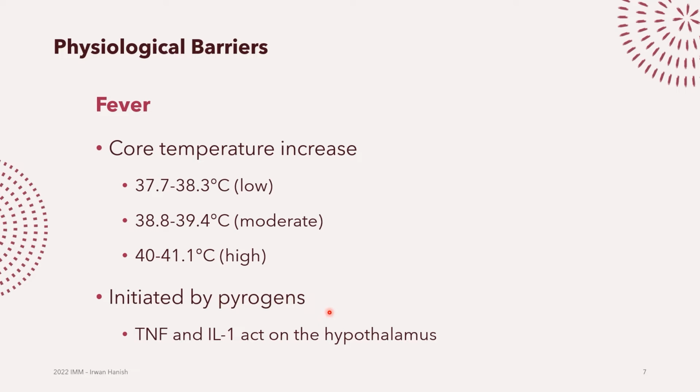Your body alters your core temperature with the help of pyrogens, such as human necrosis factor, TNF, and interleukin-1. They affect the level of hormones called prostaglandin, which is not one hormone, I think, it's a group of lipid hormones, which you'll find interacting with your hypothalamus.